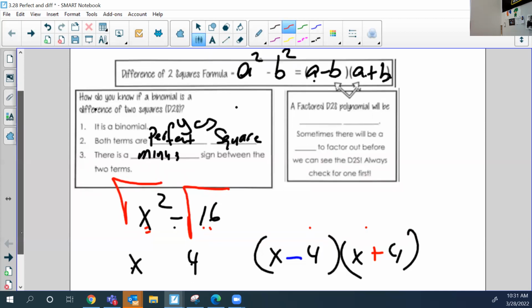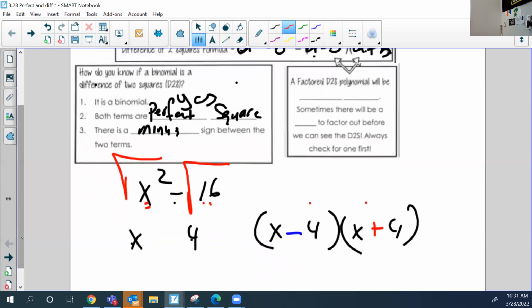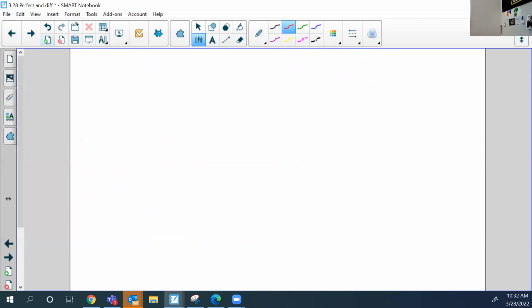So let's look at another example. Now, this example isn't on the sheet. So let's try this one. Let's look at x squared minus 25.